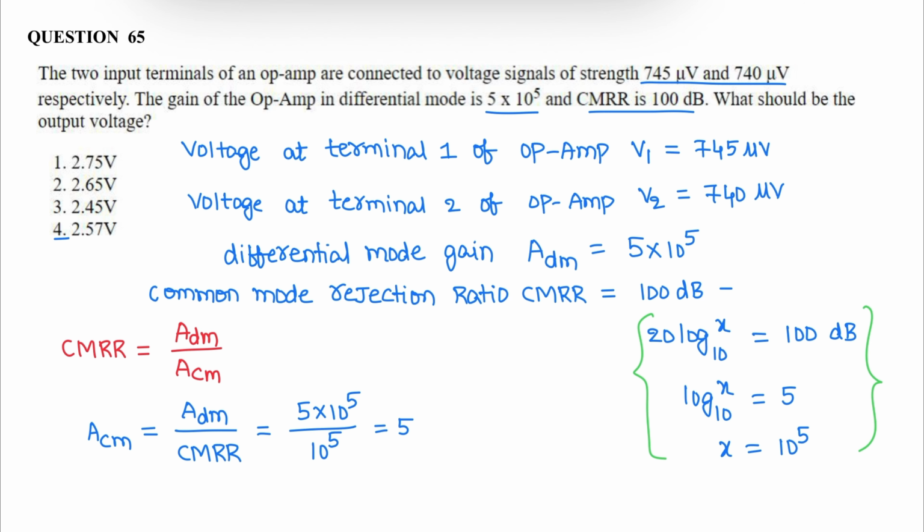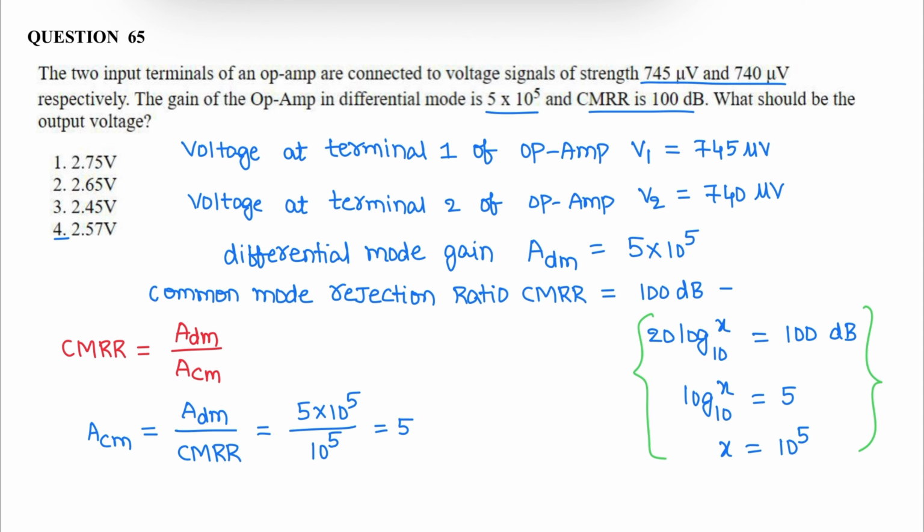What should be the output voltage? Voltage at terminal 1 of op amp, V1, is 745 microvolts and at terminal 2 is 740 microvolts. Differential gain ADM is 5 into 10 power 5 and common mode rejection ratio is 100 dB is given.